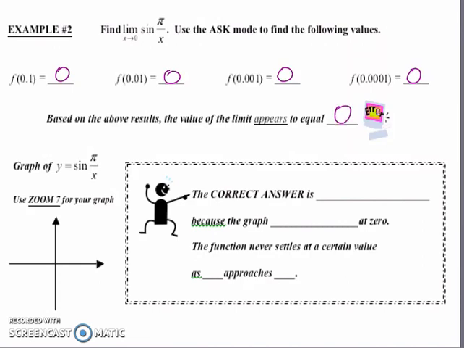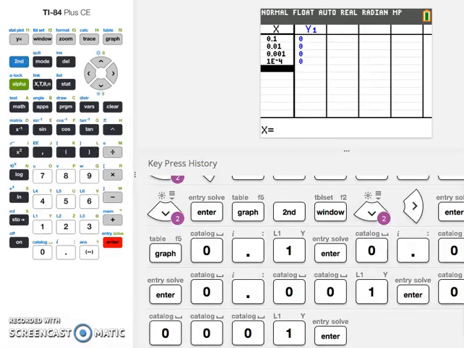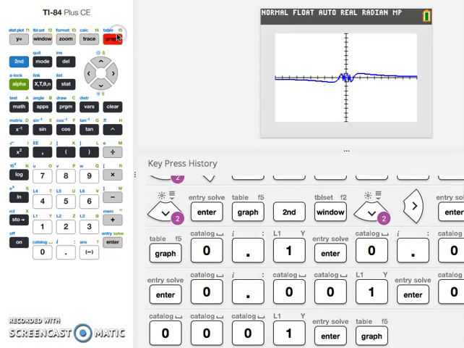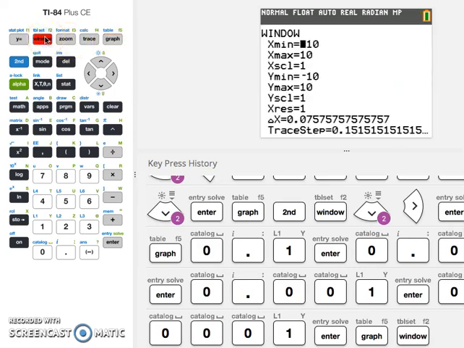However, as we know, things aren't always what they appear to be, right? Because if we go back and we look at the graph of this function, there's something pretty crazy going on there in the middle. And so now we can change our window. Okay, so if we go to window here, I really want to see what's happening right around 0, because the calculator is telling me that the limit is 0, but I'm not sure that that's actually right.